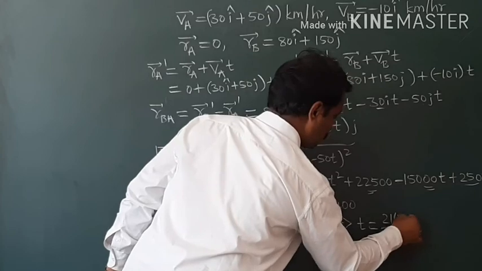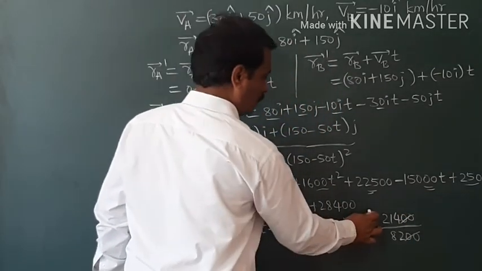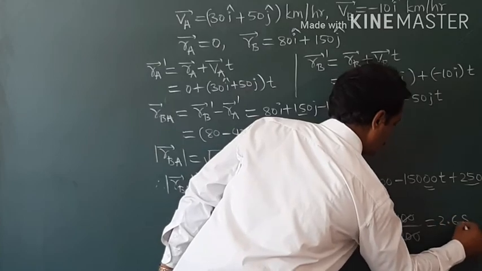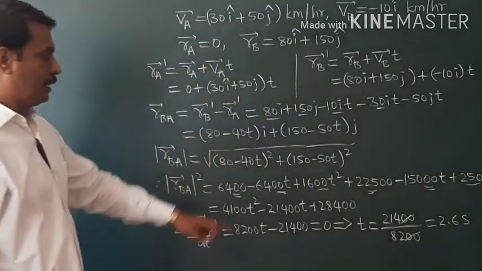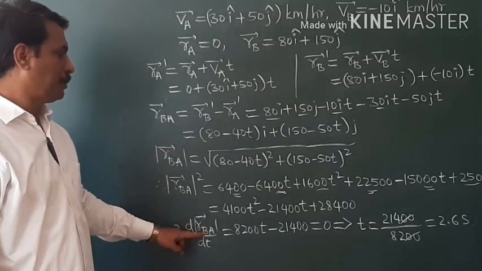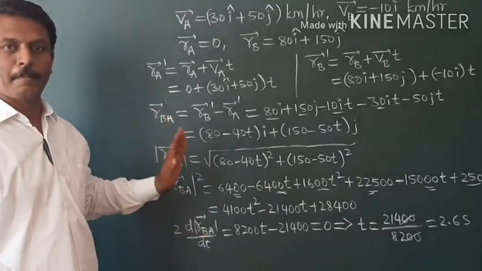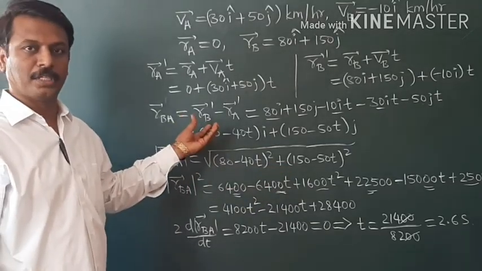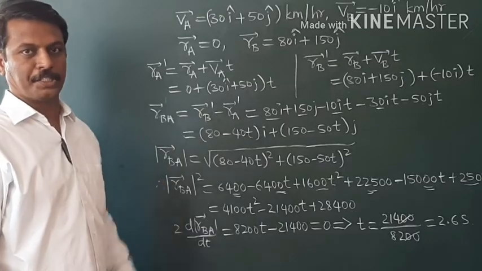Now two zeros get cancelled. Then 214 by 82 is 2.6 seconds. So at t equal to 2.6 seconds, the separation between ship B and ship A will be minimum. This is the answer. This is a little tricky question. You have to pay more attention to such problems.